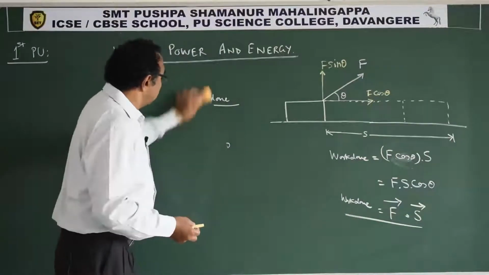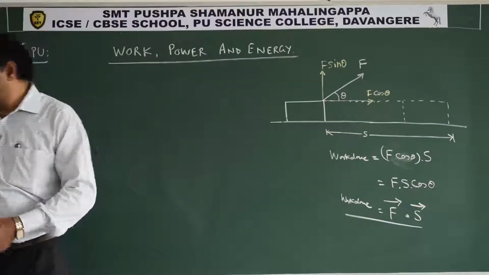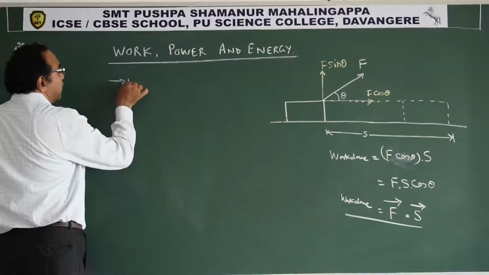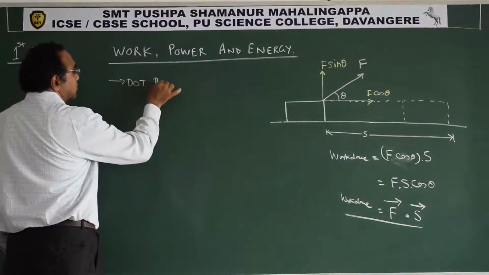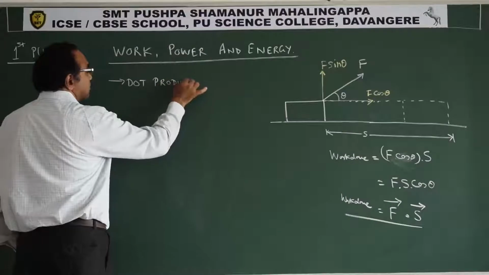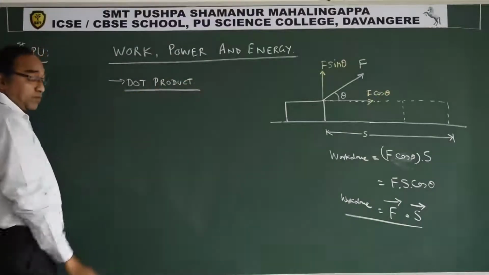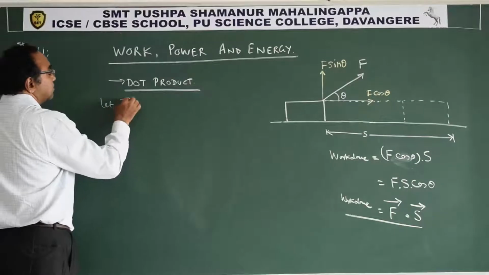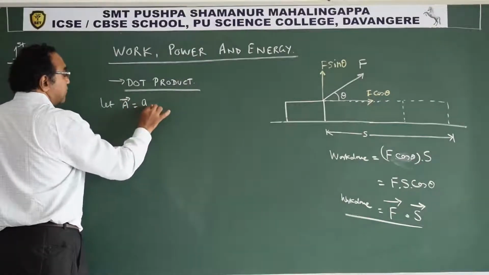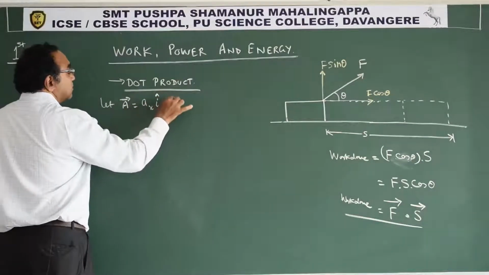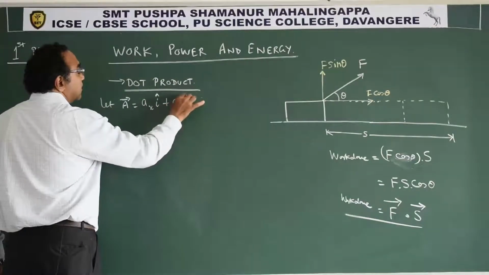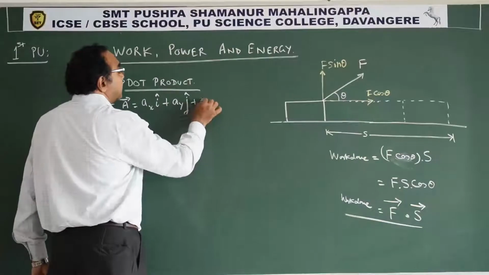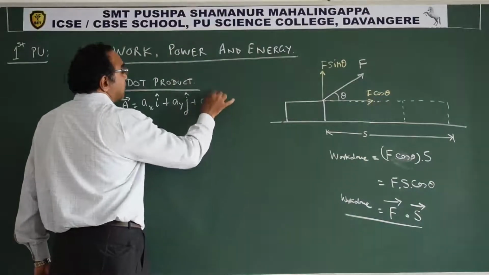Now, what exactly do we mean by dot product? Let us say A vector is ax i cap plus ay j cap plus az k cap.